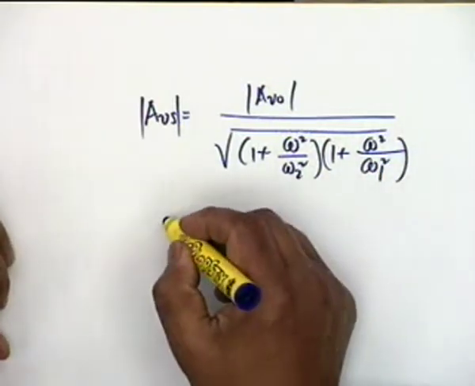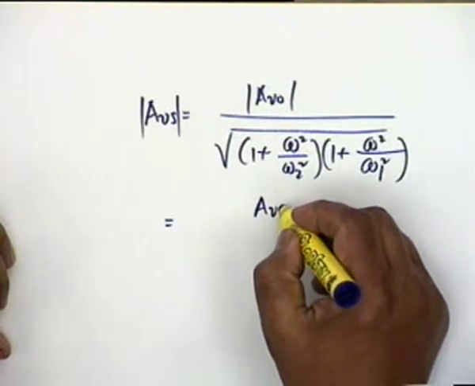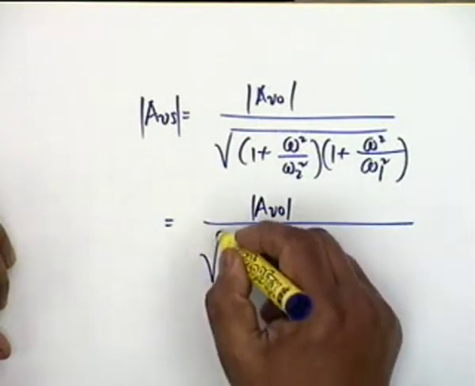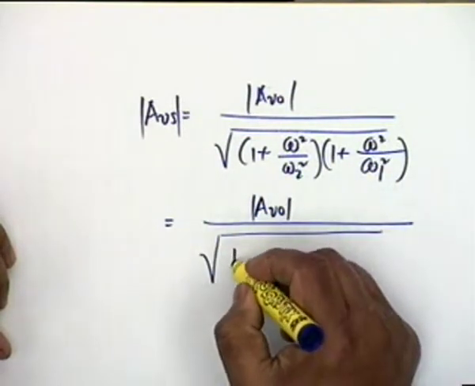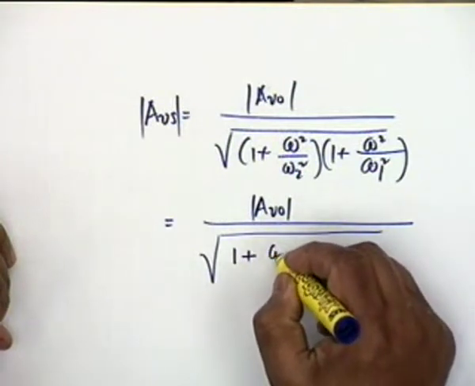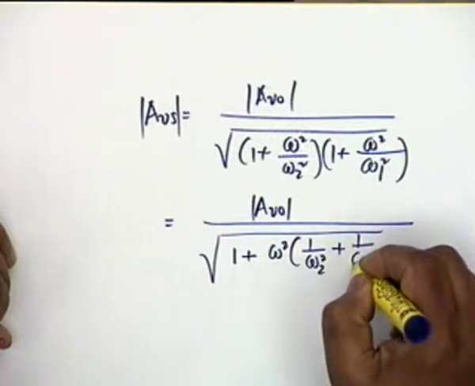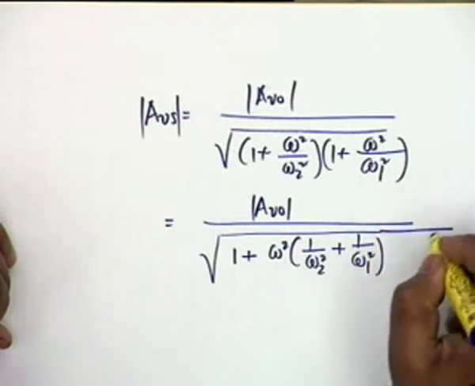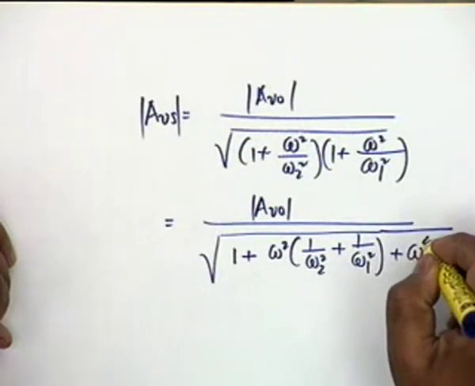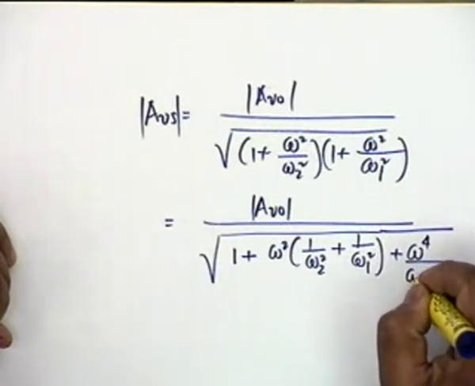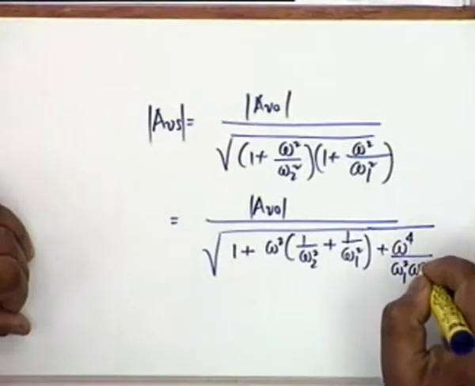Now, this can be written as AV0 divided by square root of 1 plus omega squared times 1 by omega 2 squared plus 1 by omega 1 squared, plus omega to the 4th divided by omega 1 squared omega 2 squared.